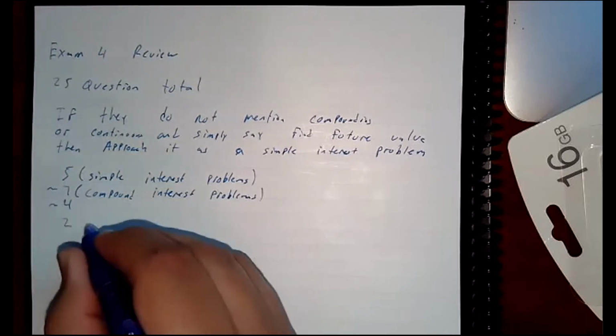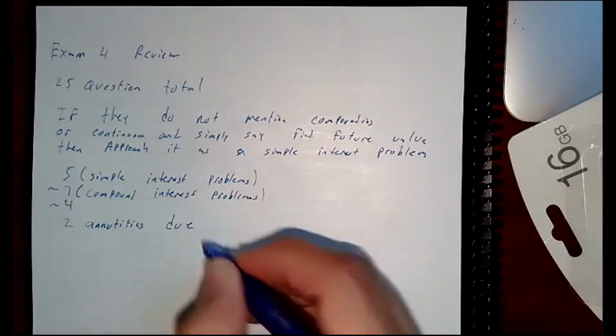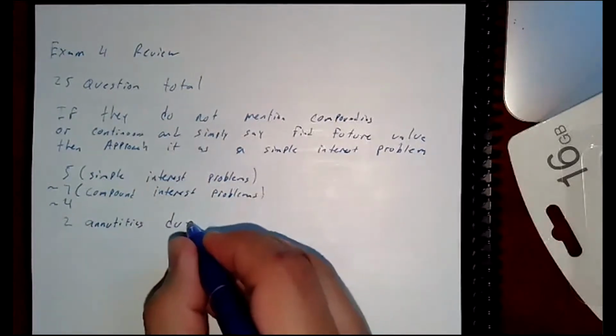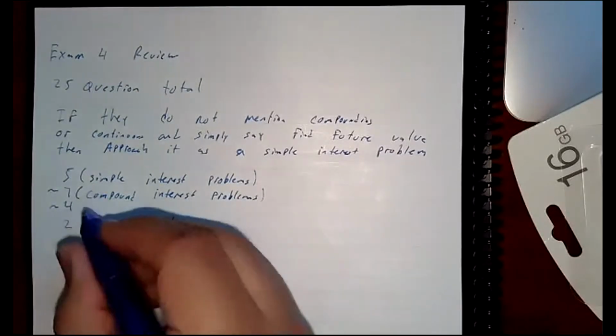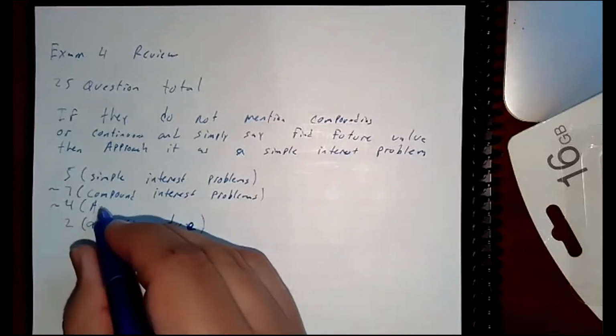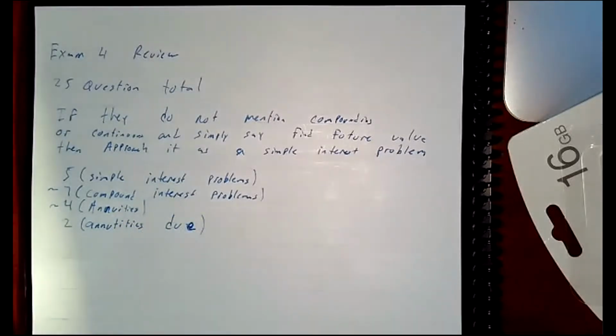About there's 2 annuities due. Remember those different formulas when they ask for annuities due? Slightly different. Okay. So that's about what? 5, 12, 16, 18.